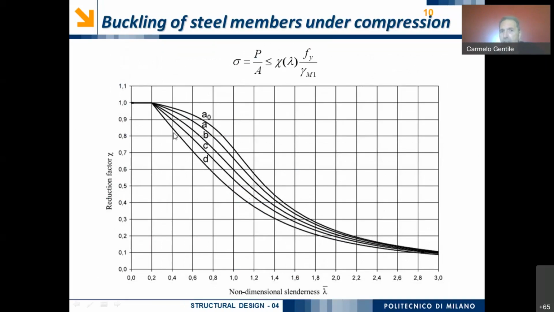Here you have the reduction factor, so that the current value of sigma, equal to P over A, should be equal to the critical load over gamma M1. Because this is the meaning of the stability curve.